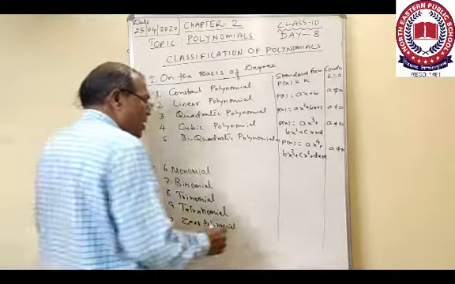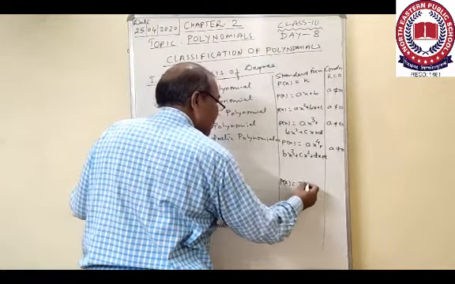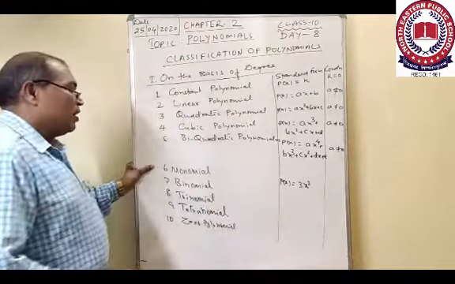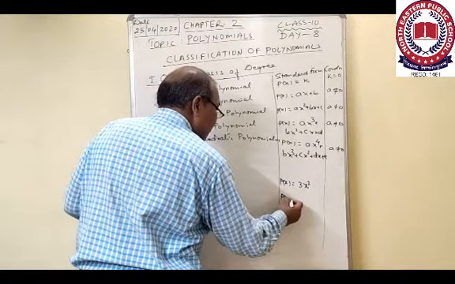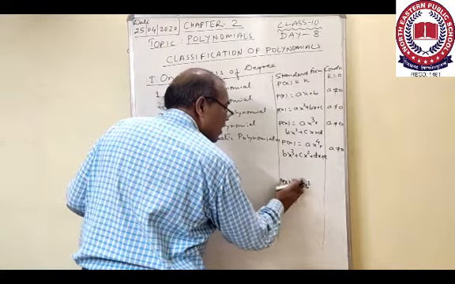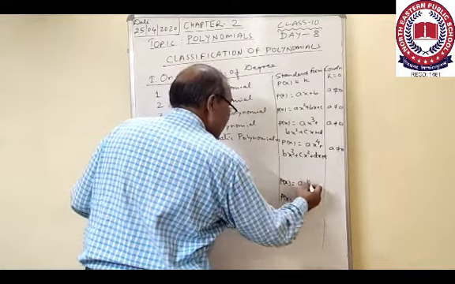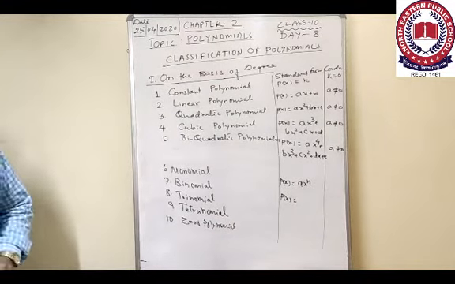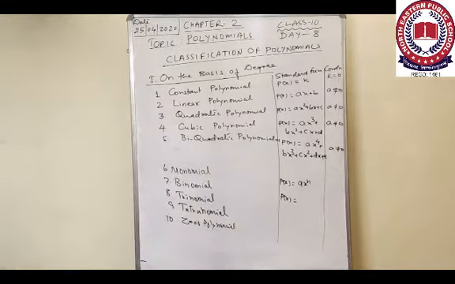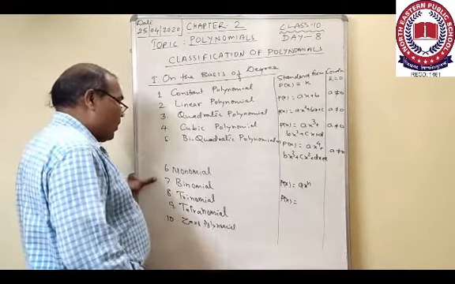Now monomial p of x, we can write 3x or 3x square. It has only a single term. Binomial p of x, here I am writing simply ax power n. Next one is binomial.